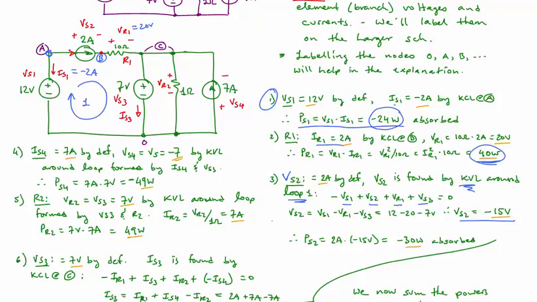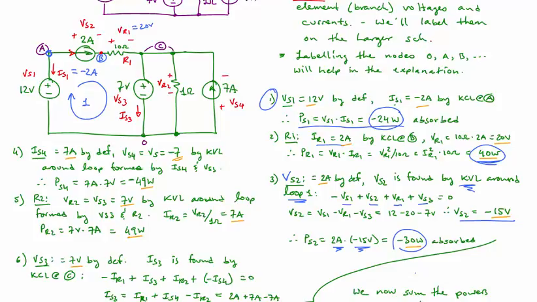Okay, now we can calculate the power that is absorbed by PS2, because we now know the current through the source, it's 2 amps, and we know the voltage across it, it's minus 15 volts, so it absorbs minus 30 watts. In other words, it's delivering 30 watts.